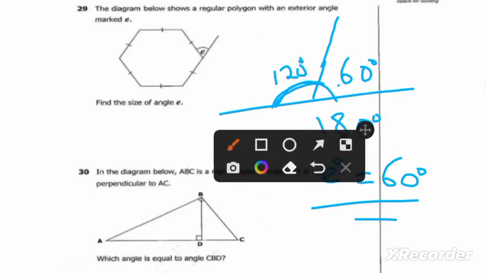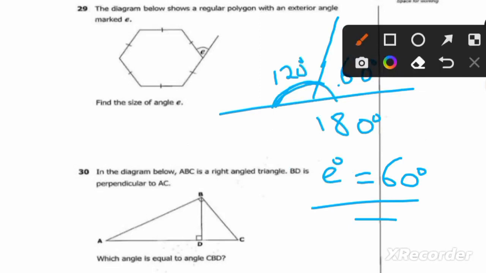Let us solve the last question. The question reads, in the diagram below, ABC is a right angled triangle.